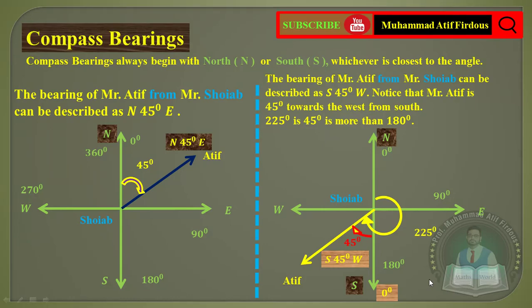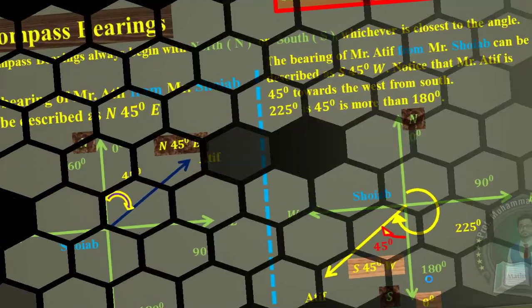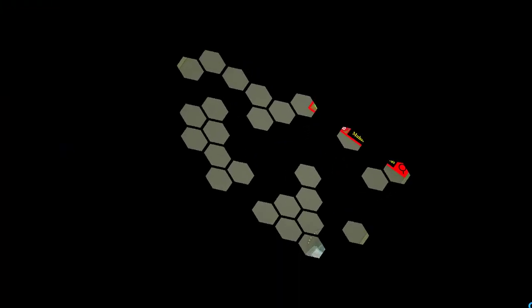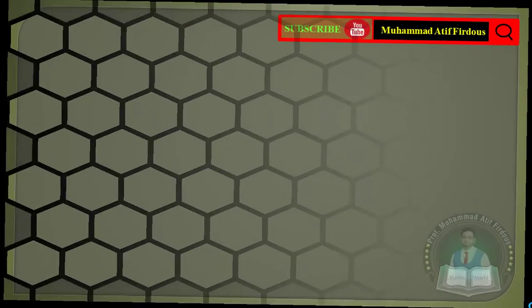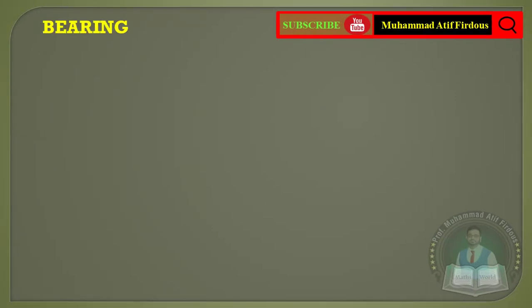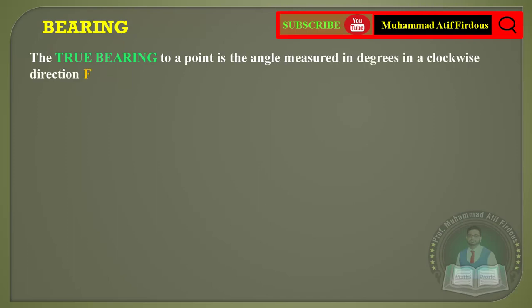Now we are going to discuss what is bearing. The true bearing to a point is the angle measured in a clockwise direction from the north line. Sometimes we call it a simple bearing.